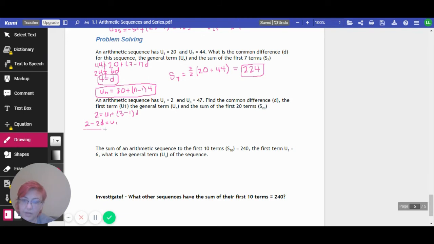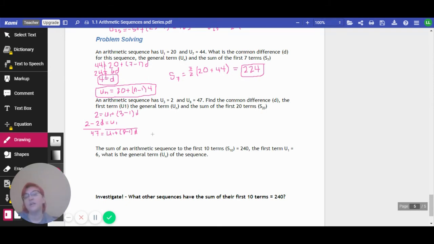Just kind of make a little split here, because I also know that u8 is 47. So 47 equals u1 plus, in this case, n is 8 minus 1 times the common difference.